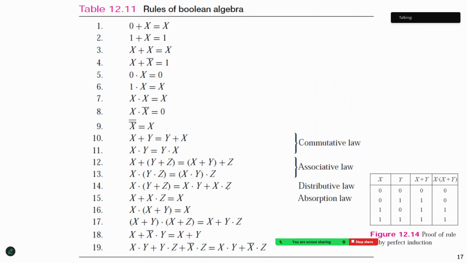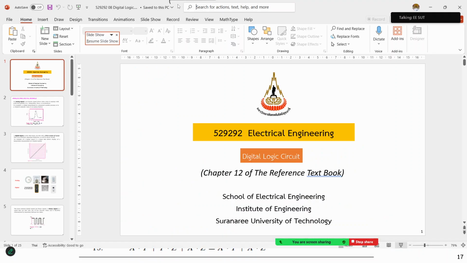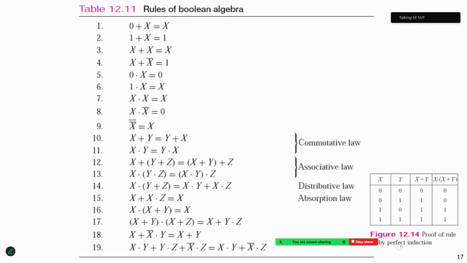If we have Boolean algebra, we construct the logic circuit, and we can construct the truth table here.